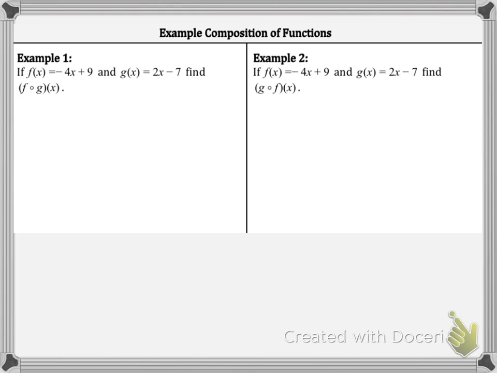In the first example, we have f(x) = -4x + 9, and g(x) = 2x - 7. We're going to find f of g of x. So first, let's rewrite this as f(g(x)). That means our g(x) is going to be written inside of the f function.